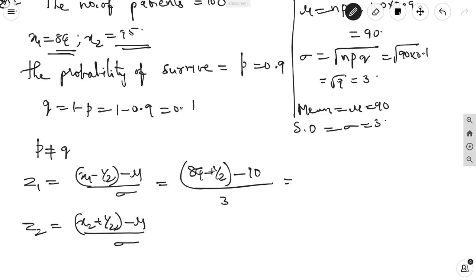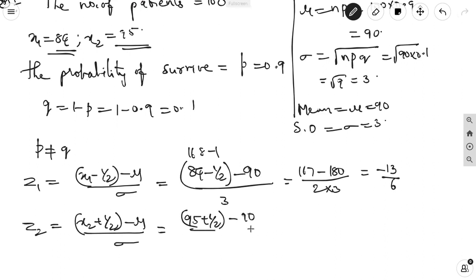Taking the LCM, 84 means it is 168 minus 1, that is 167, minus 180, by 2 into 3. This is equal to minus 13 by 6. That is the Z1 value. Z2 is equal to 95 plus 1/2 minus 90, by 3.